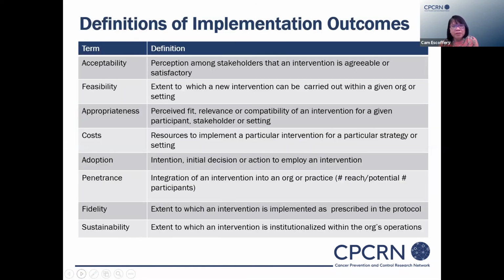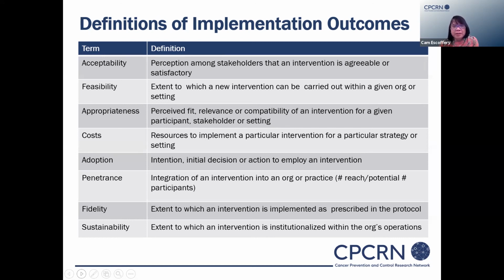I put brief definitions of implementation outcomes here. These are other things that you can measure as some of your process outcomes. So we talked about this before, acceptability from the participants of your program, but also from the deliverers. Feasibility is whether the intervention can actually be delivered.